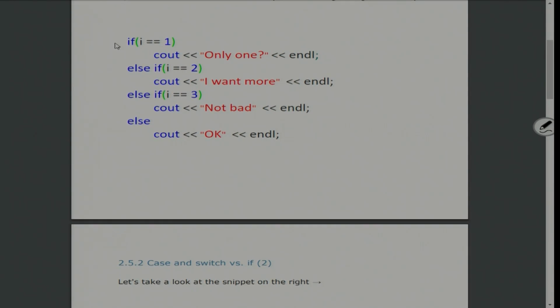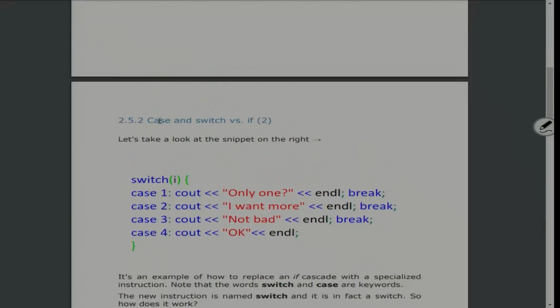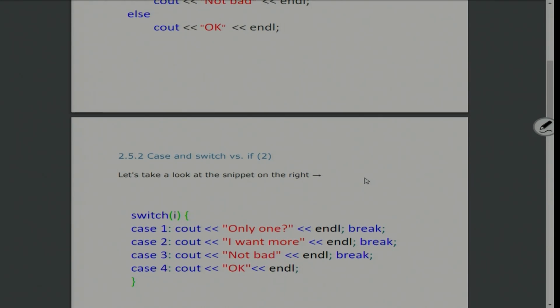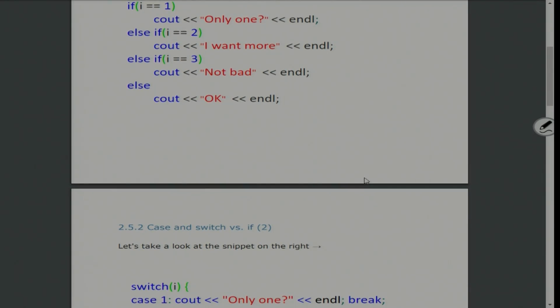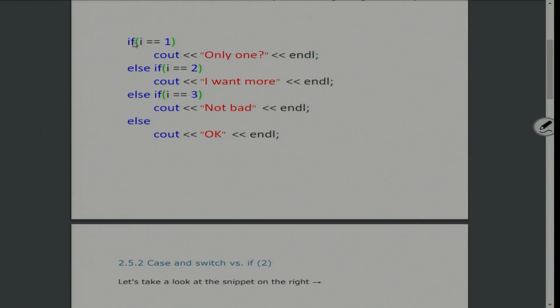So this is a program in an if statement or if cascade, and this is the same program where we used a switch. To see how it works, let's look, for example, at the first condition and the first statement.